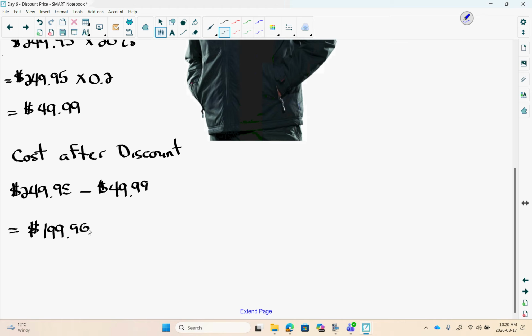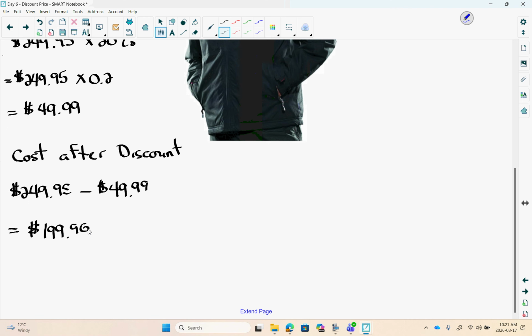Now, this question does not mention tax. But if it did mention tax and we were in the province of New Brunswick like we are here, what would I do to the $199.96? Multiply it by 1.15. Where's the 1.15 coming from?